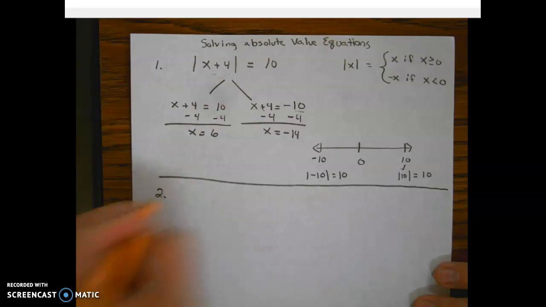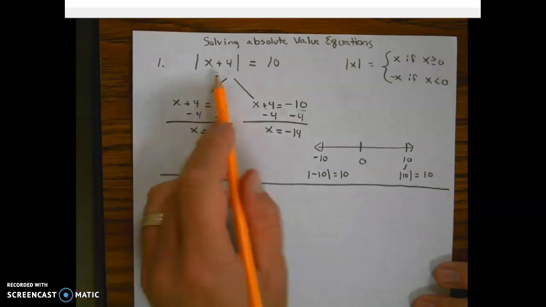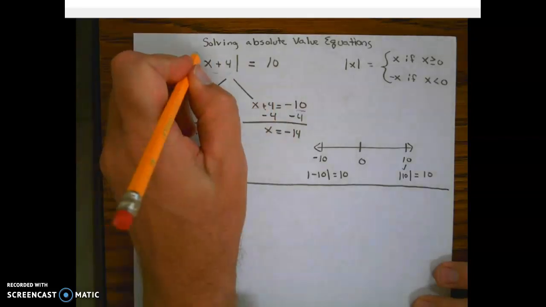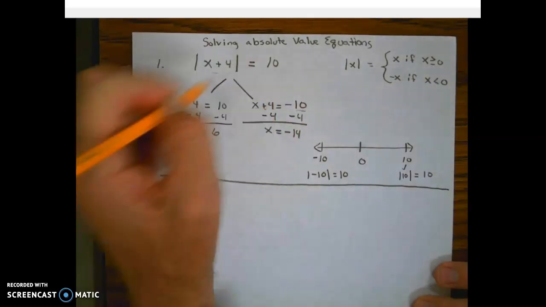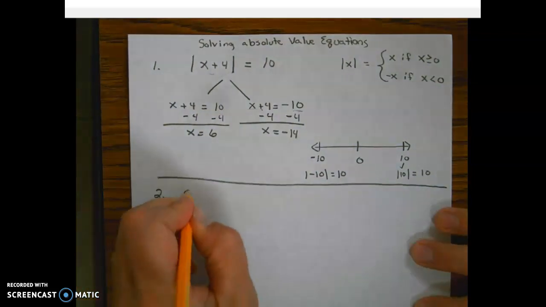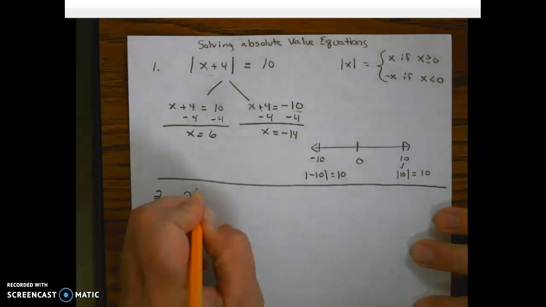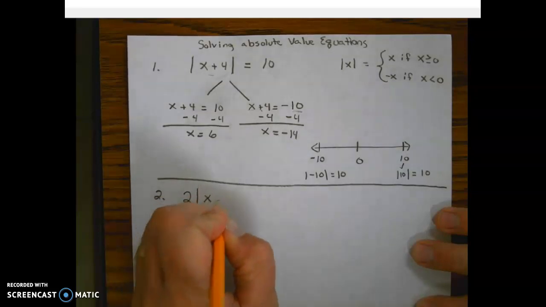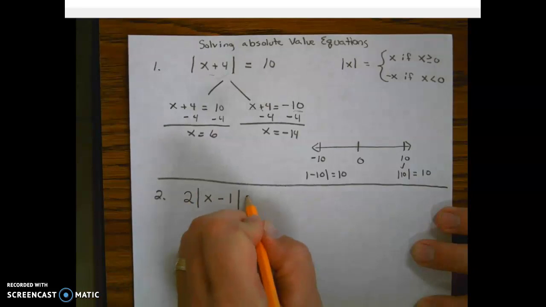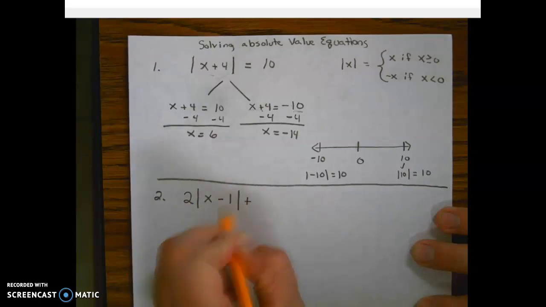Number 2. Now this is the basic absolute value equation where all you have on the left side is absolute value. But what happens if we have some additional operations? So let's see. I'm kind of trying to make it up here on the run.